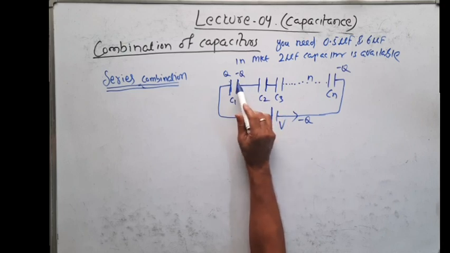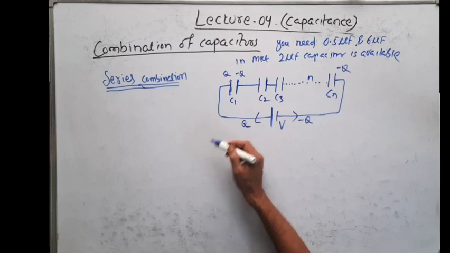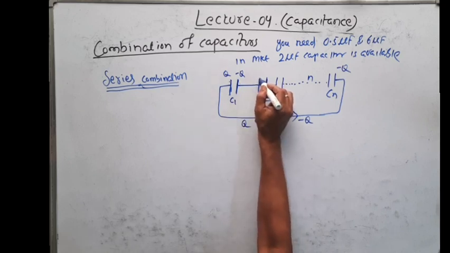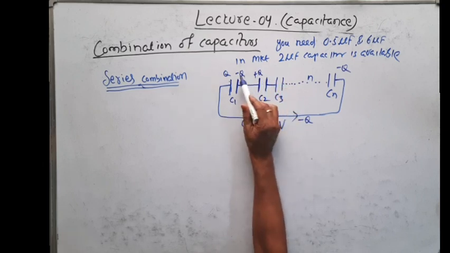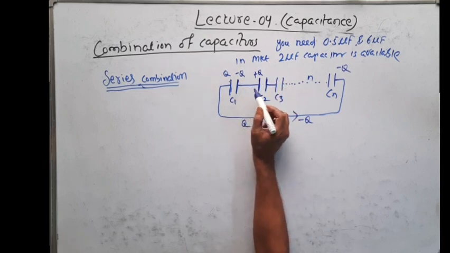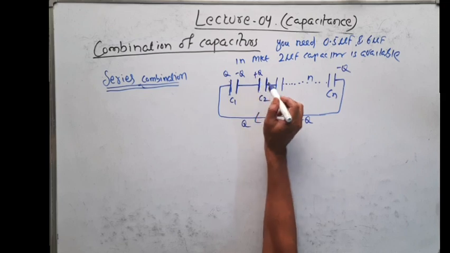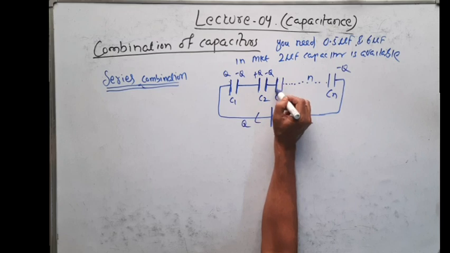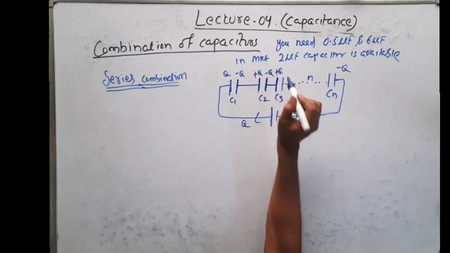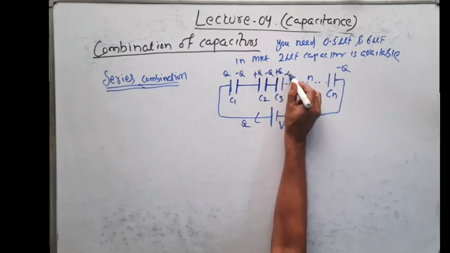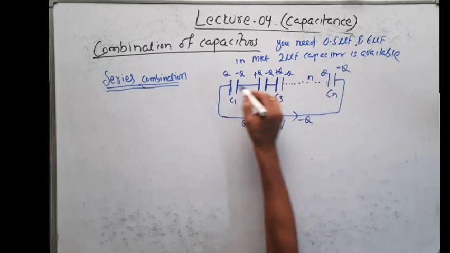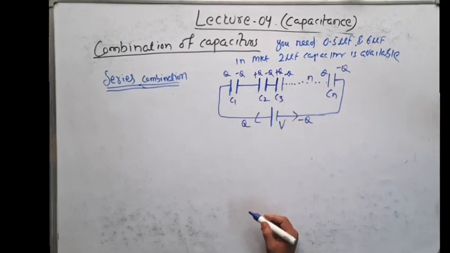But in this plate minus Q charge is induced, so definitely this other plate must possess plus Q, so that plus Q minus Q, the total charge, is equal to 0. Now again this plus Q will induce minus Q on the next plate, and these two plates are electrically isolated, so the total charge will be 0. If this is minus Q, definitely the second plate will possess plus Q charge. In this way, it is minus Q, it is plus Q, and charge will be distributed.